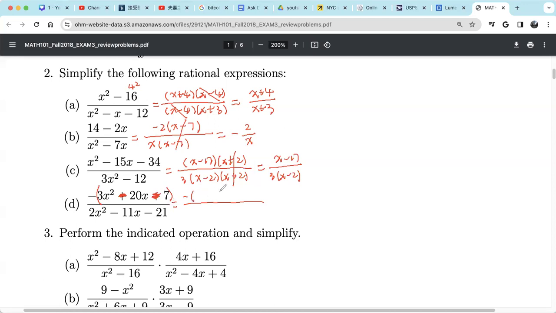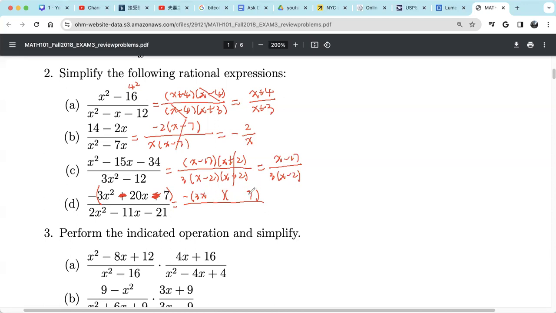Let's factor out -1, then think about the 2. How do we play with 3 and 7? Factors of 3 and 7 to get -20. Well, I want 3 times 7, so I'm going to use 3x and 7. If I put a 7 in the same parentheses, 3 and 7 won't get multiplied, so I want to put them in different parentheses.